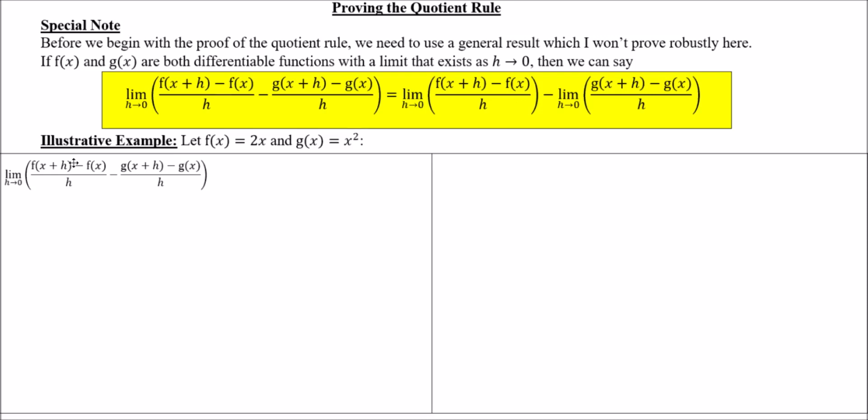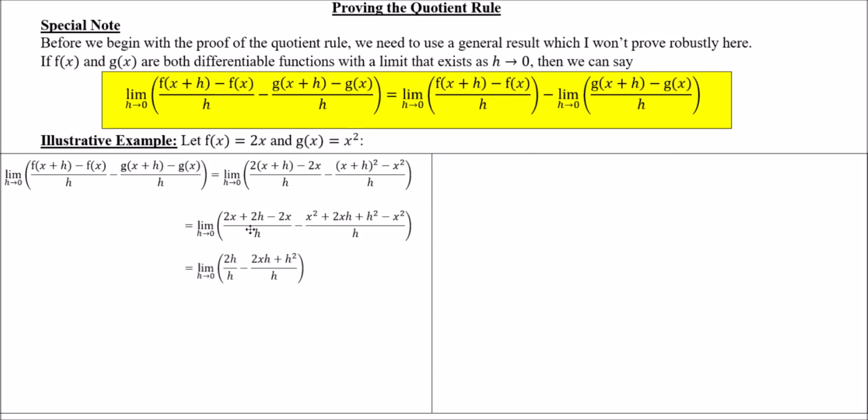If we input what f of x actually does, it doubles the input, and what g of x does, which is squares the input, we have this. We can now expand these brackets to arrive at this line. With some cancellations, we can see that this becomes just 2h over h, and on this line here we're subtracting off 2xh plus h squared over h, because this x squared cancels with this one.